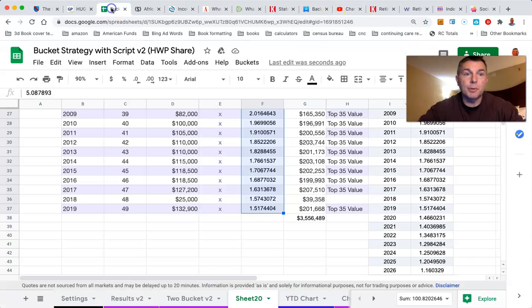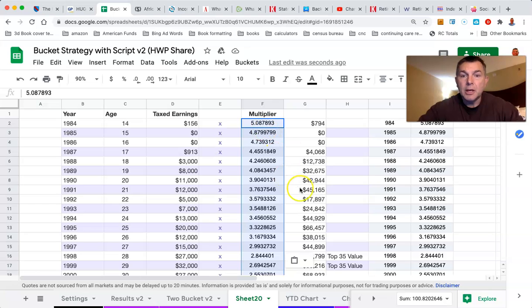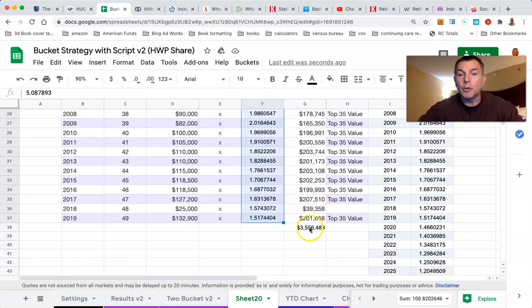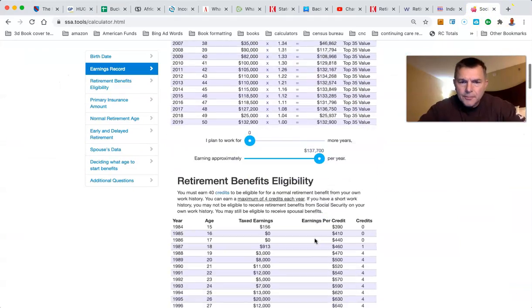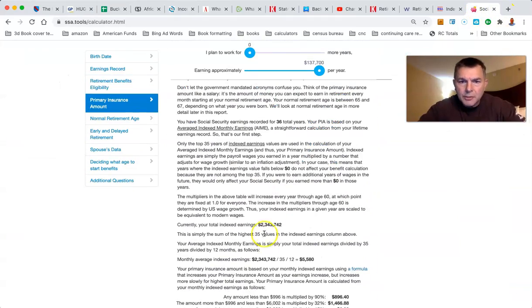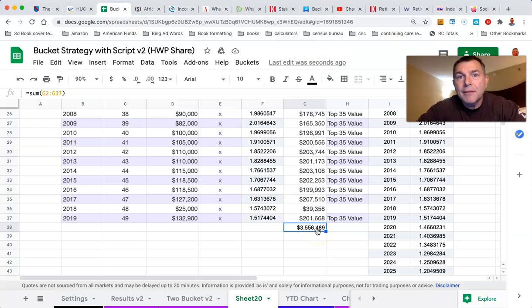Then we take my little spreadsheet here, and we can see it changes my total indexed earnings from 2.343 million to actually 3.556 million.